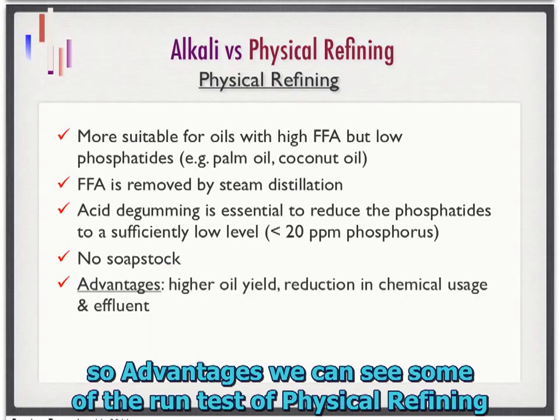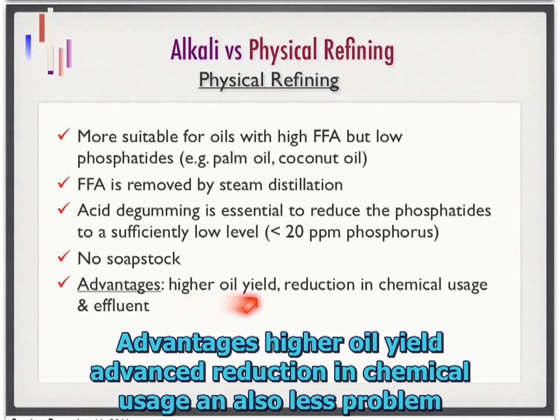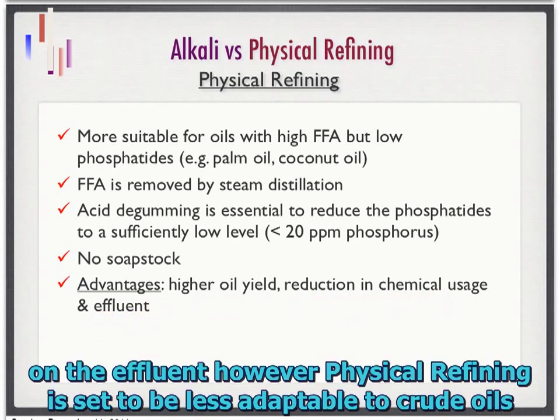So in general, we can say some of the advantages of physical refining: we can get a higher oil yield, we can get a reduction in chemical usage, and also less problem with waste treatment.